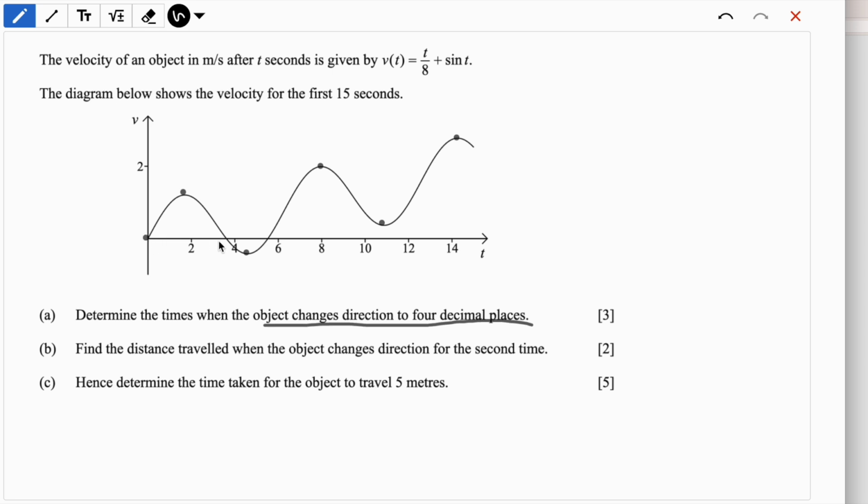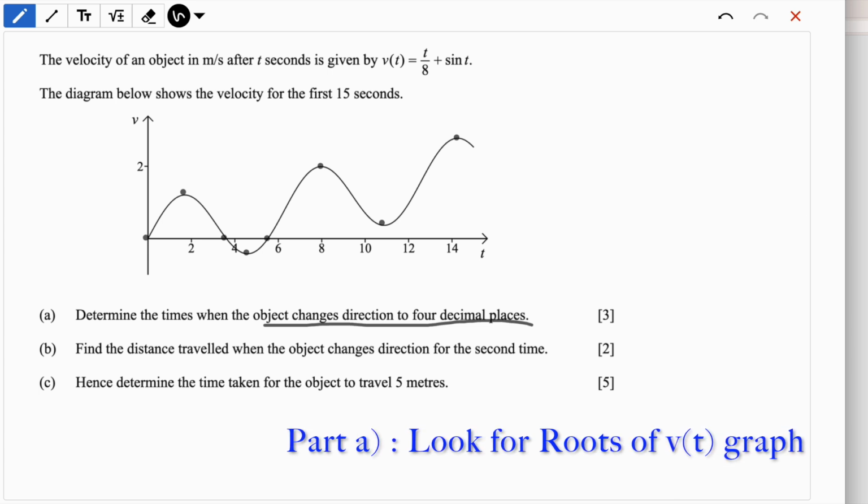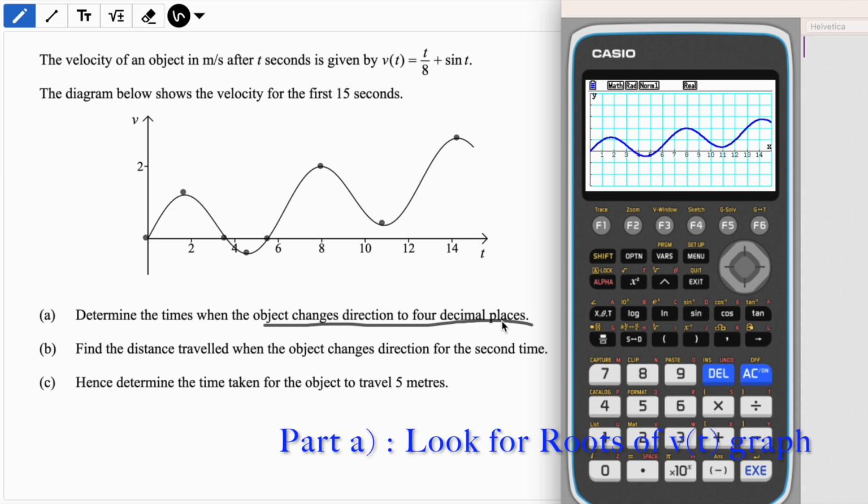Here, here, here, right? And after that it is not 0. So which means we need to find out where my velocity is changing from positive direction to negative direction. So in order to do that, I have to solve where my velocity is 0, and those are the points where I can say here my velocity was changing direction.